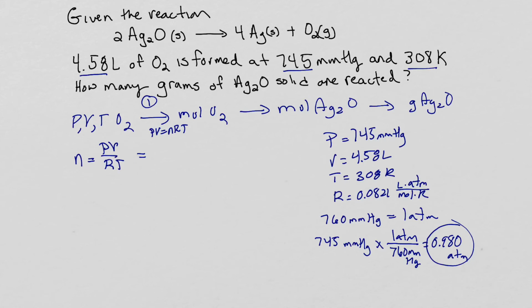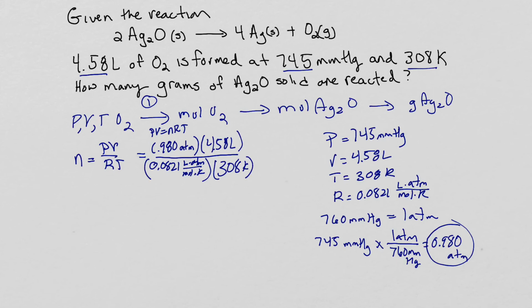So now that I have the right units, I can go back and plug it in here. So I have 0.980 atm, I have 4.58 liters, I have 0.0821 liter atmosphere per mole Kelvin, and I have 308 Kelvin.